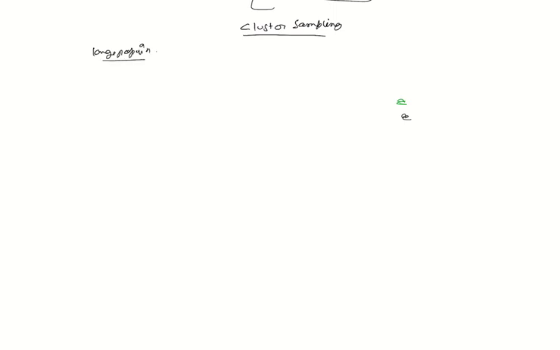And what cluster sampling means: a cluster means a group of elements. For example, in a survey, we may have houses in a city as elements and city blocks will be clusters.